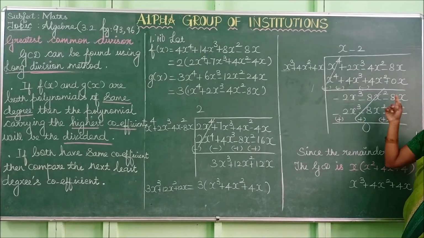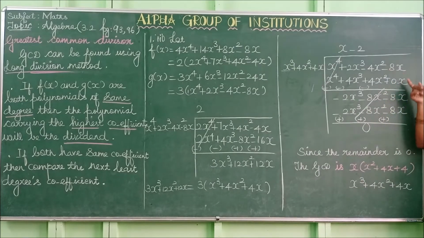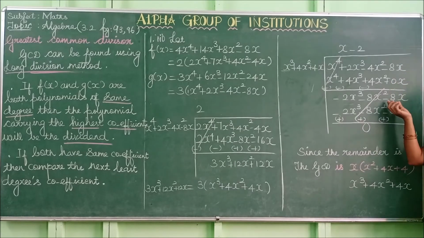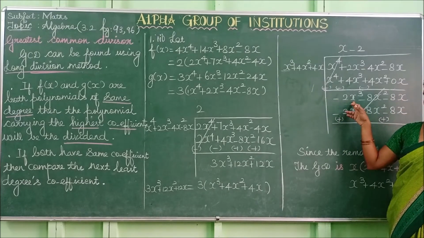Minus 4x square and minus 4x square can be written as minus 8x square. Then minus 8x, here no need to change because it is plus 0x only. So if you add or subtract 0, the upper term will remain the same. So minus 8x.